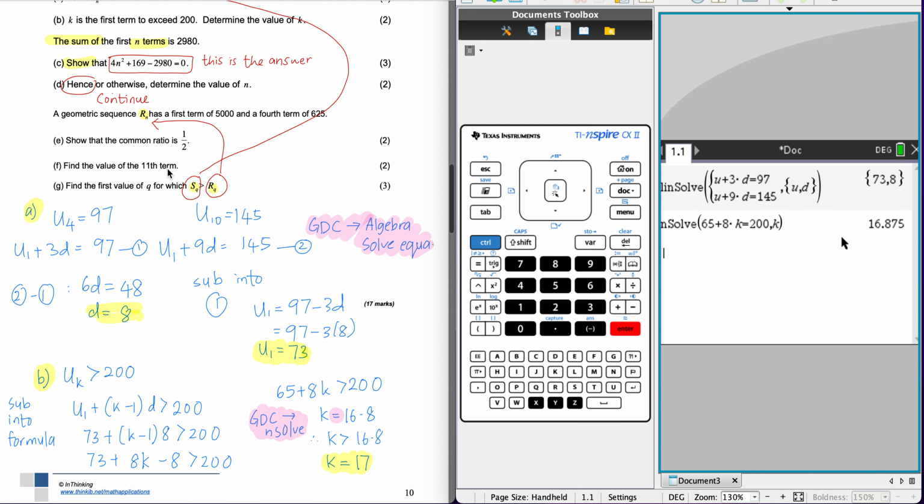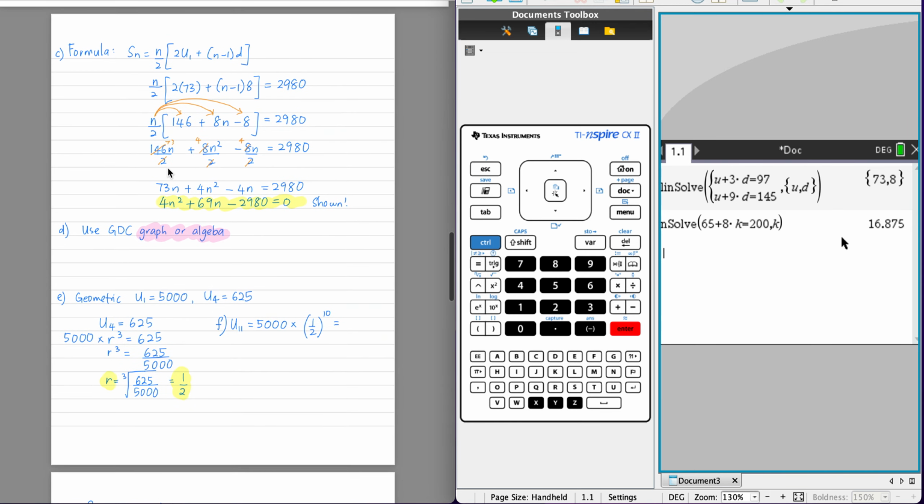We're going to use the Sn formula. Sn equals n over 2 times 2u1 plus n minus 1 times d. Practice writing the formula, then substitute u1 and d. I expand them, and n over 2 needs to multiply each term.